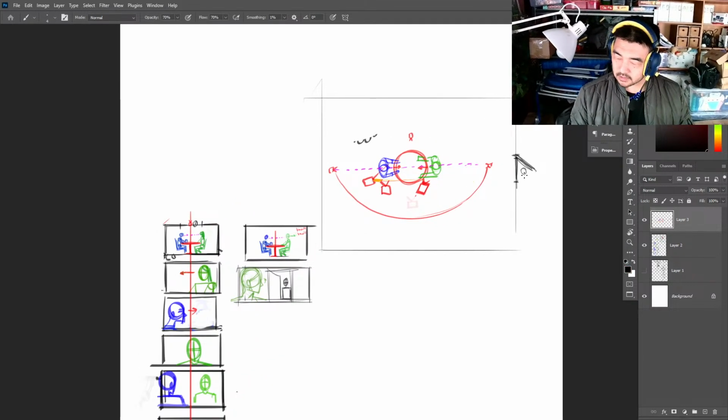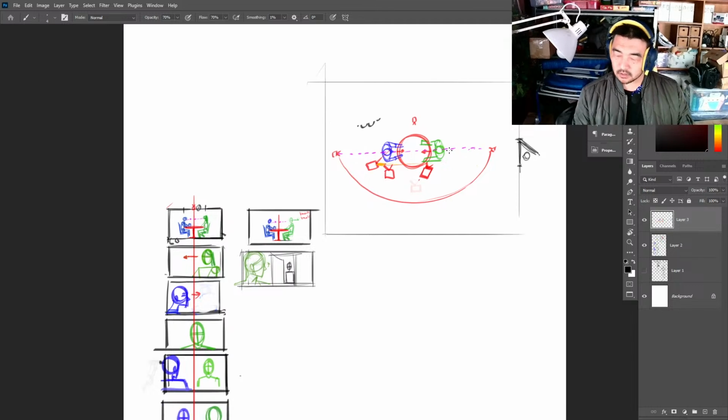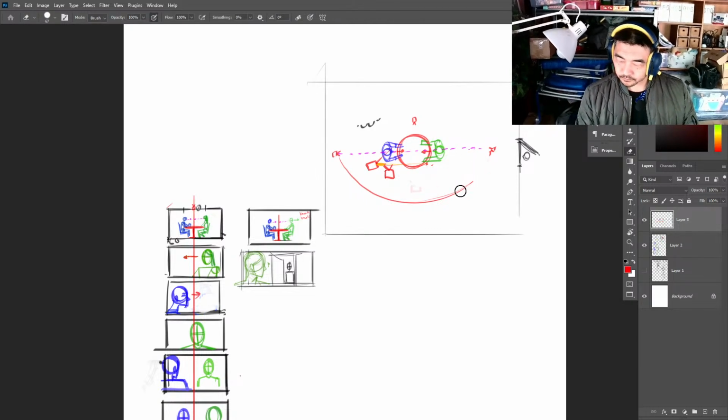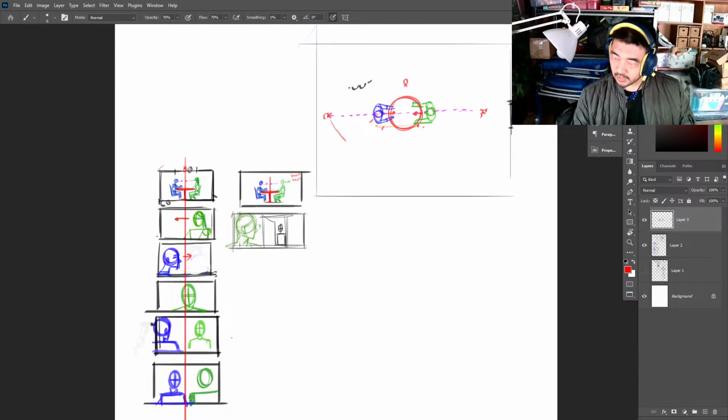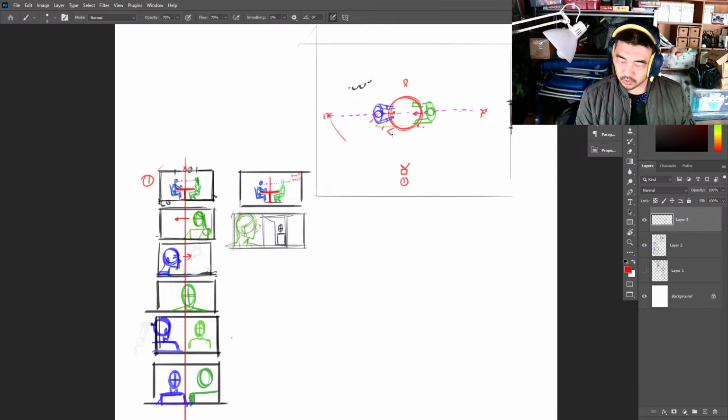And this character enters. These are all the angles we have. We have our wide. This is shot 1. And then we have shot 2, which is a 3/4 single shot of green. That's 2.